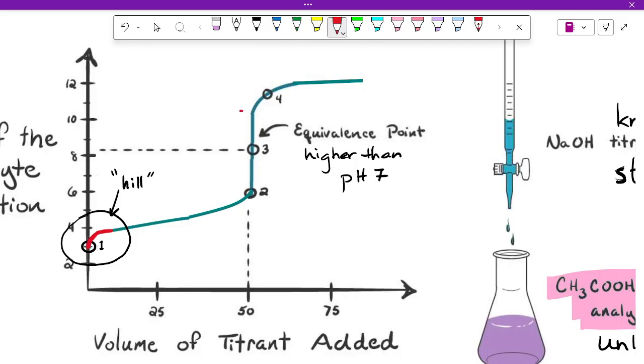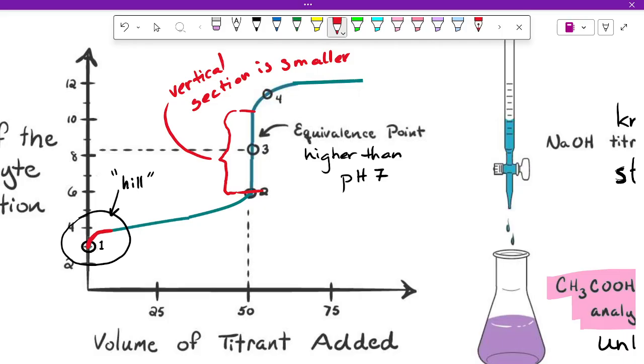What do you notice about the vertical section? The vertical section is smaller. Kind of has to be. And what do we notice about the initial pH?